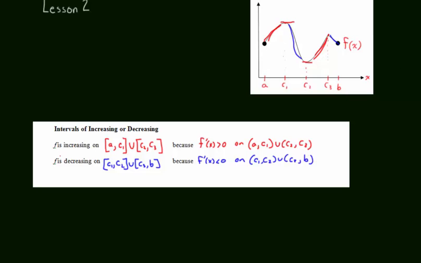Now, if you're like me, you're having a little bit of trouble thinking, why on earth would I use brackets for increasing and decreasing? It's simply using definitions from the math book that say as long as it's continuous and differentiable, if the derivative is greater than 0 on the open interval, then we just by standard say that f is increasing on some closed interval. So it takes a little bit of a swallow to accept that, but we're going to be consistent with our textbook.